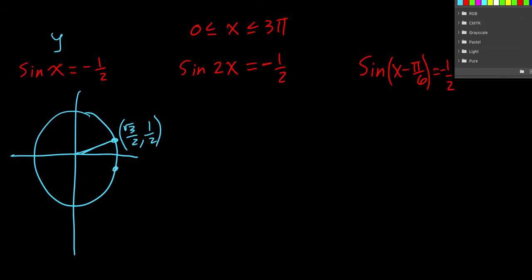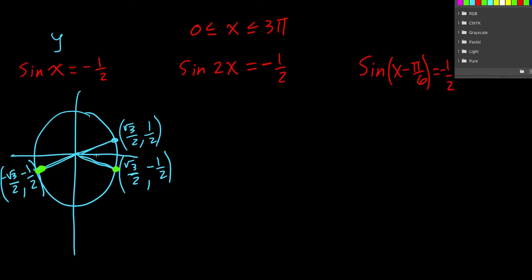And so we can mirror it right there, and then also mirror it right there. Okay, so it's the two green dots that we're looking at. And we just want to find the angle that makes those true.